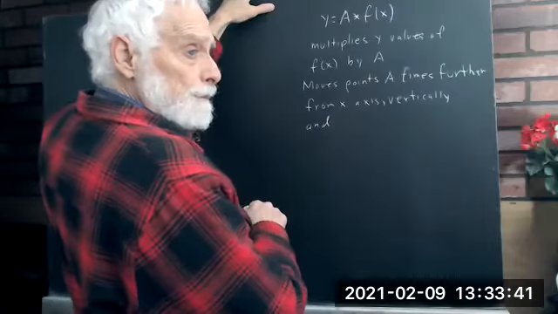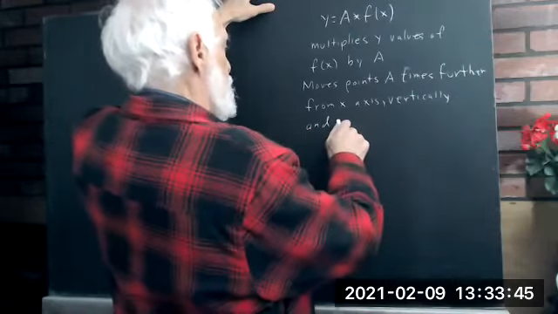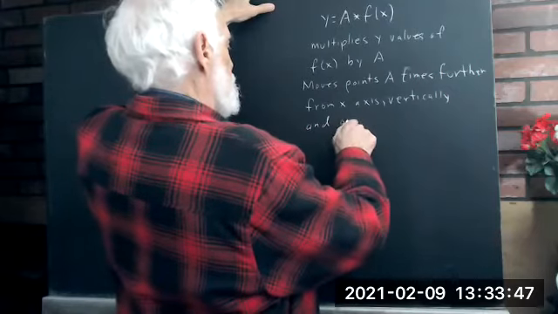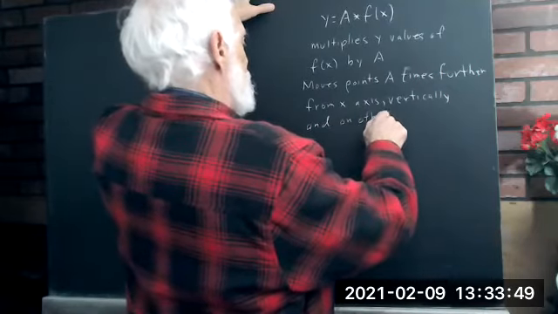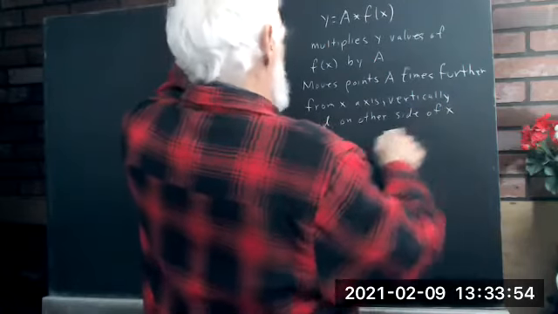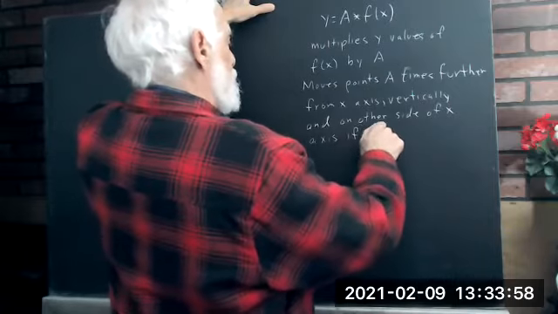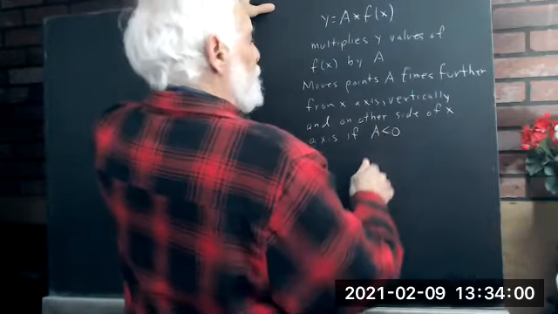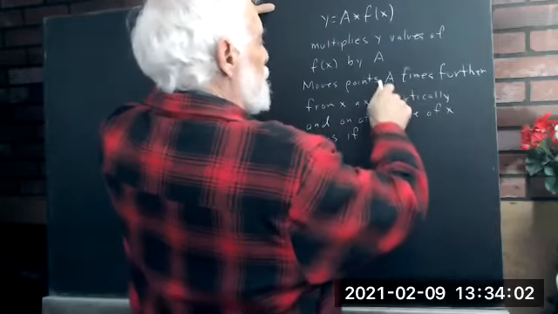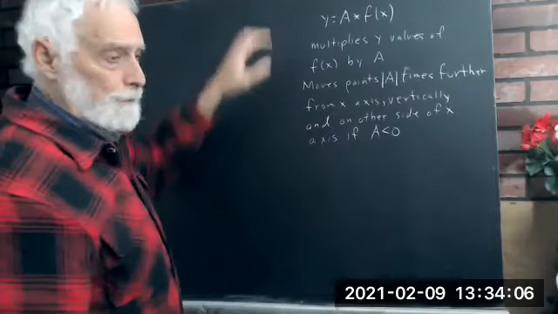And on the other side of the x-axis, if a is less than 0. Now, when I say it moves a times vertically, I've got to put an absolute value around that.